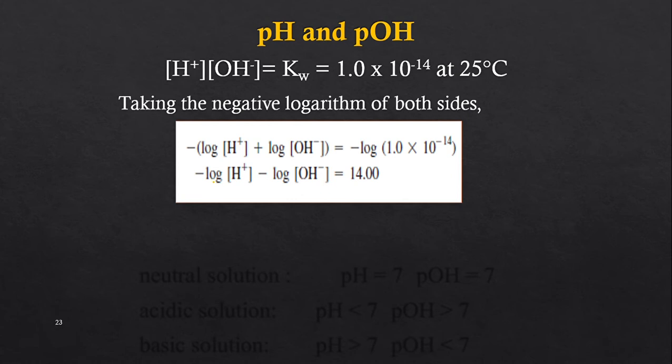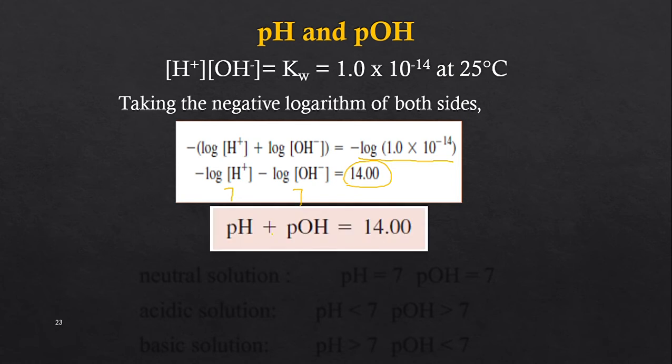So, therefore, if we take the negative logarithm of 1.0 times 10 to the negative 14, 14 will be its equivalent. Same with this. This will be 7, and this will be 7. So therefore, if we add pH and pOH, this should be equivalent to 14, which is the negative logarithm of our Kw. Okay? So that.